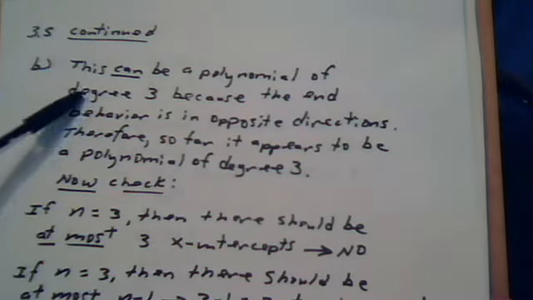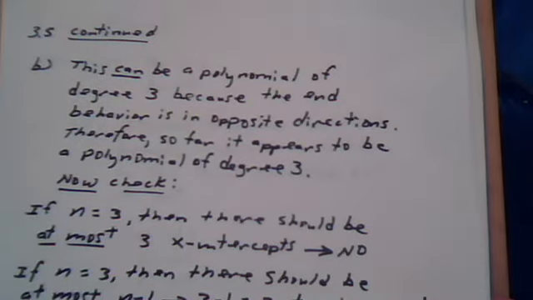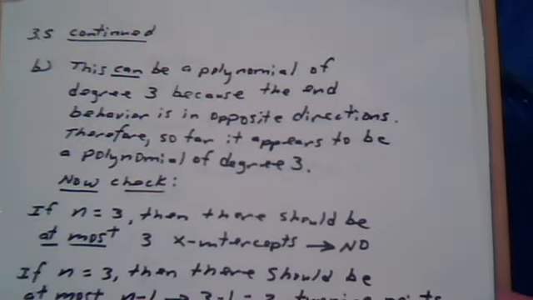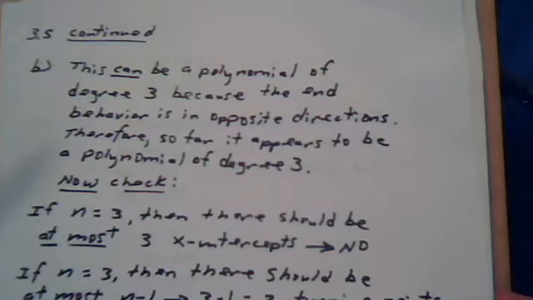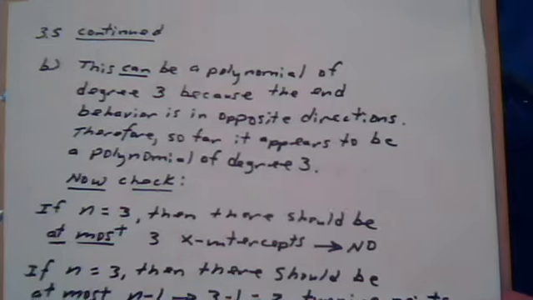But they want to know if this is a degree 3 polynomial, can possibly be 1. So we need to move on. So it could be a degree 3 up to now because the graph shows that the end behavior is in opposite directions. But now we have to check.